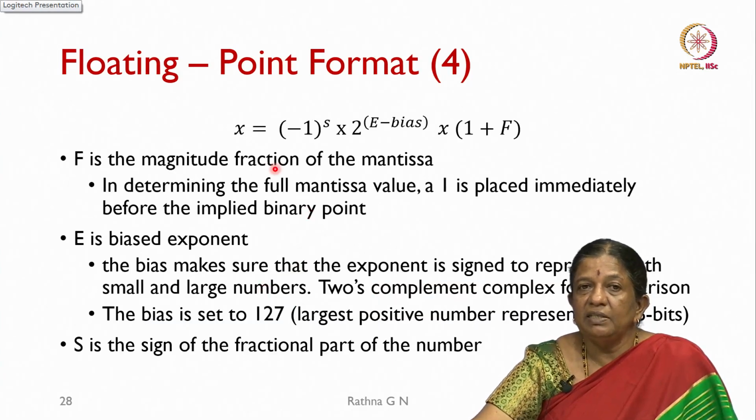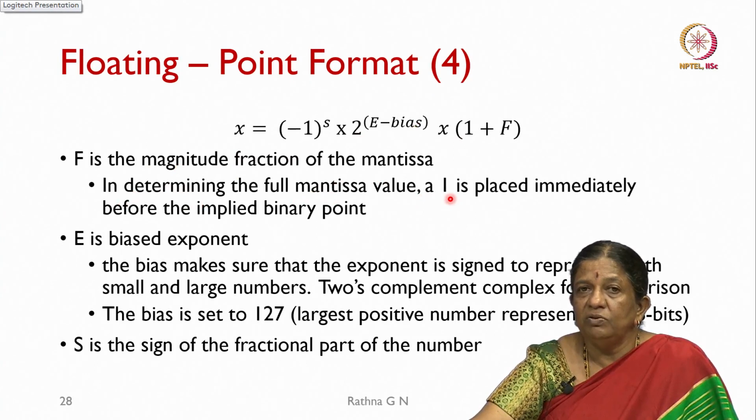So, the formula is minus 1 to the power of s into 2 to the power of e minus bias into 1 plus f. We know that f is the magnitude fraction of the mantissa. In determining the full mantissa value, the IEEE format specifies that 1 is placed immediately before the implied binary point, in 1 dot format. That is why you add 1 to the fraction.